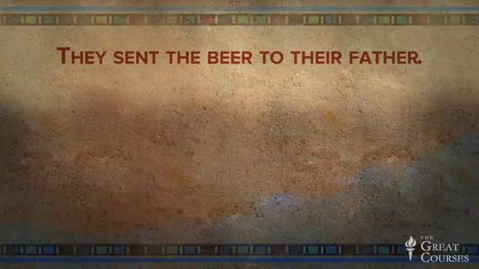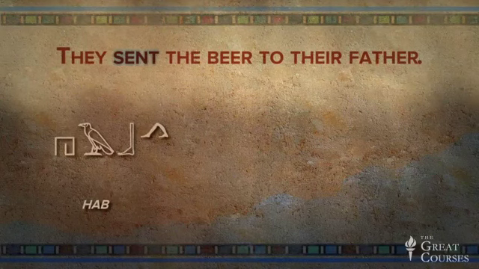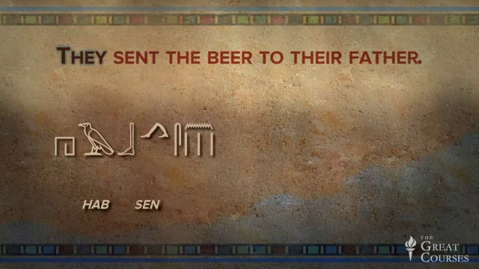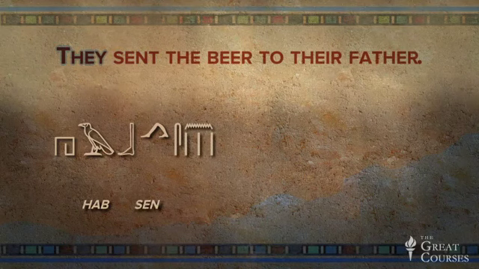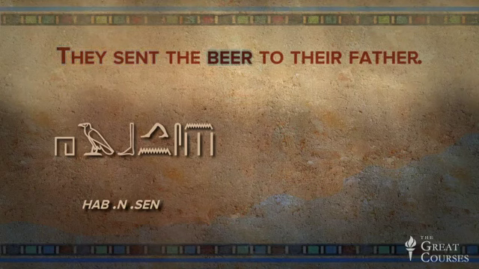They sent the beer to their father. We start with the verb, hab, to send. Since they are sending, we need the suffix pronoun for they, which is sen. Last, we insert the N for the past tense. So we have they sent. Let's add the beer, heket.